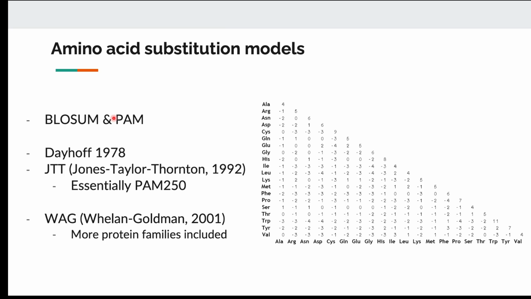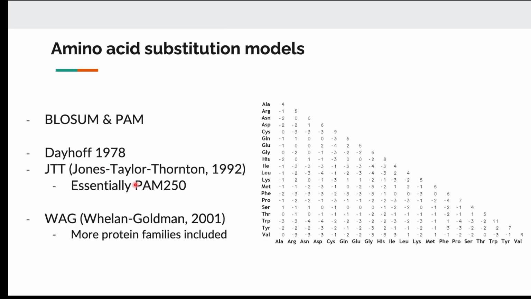But when people want to model the evolution, the change across evolution for protein, they come up with something slightly different, but the concept is going to be the same. For Dayhoff and JTT especially, the underlying idea is the same as PAM. So they are modeling the change in amino acid over one evolutionary time step, and they extrapolate to longer time steps.